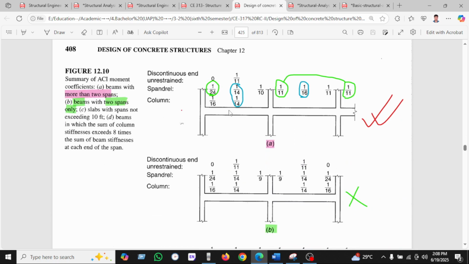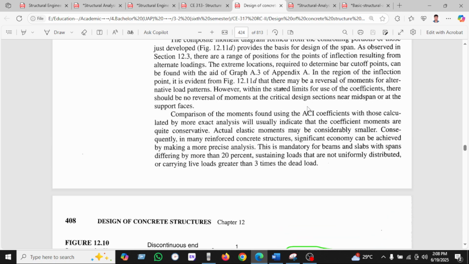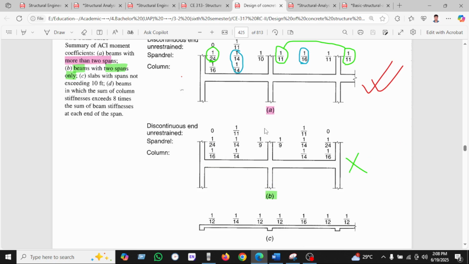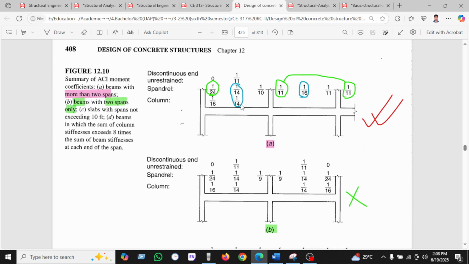If you go to this figure, we can see figure 1, which is a beam with more than 2 spans. The positive moment is 1/16 for the interior span. If the end span is discontinuous, then it will be 1/14.